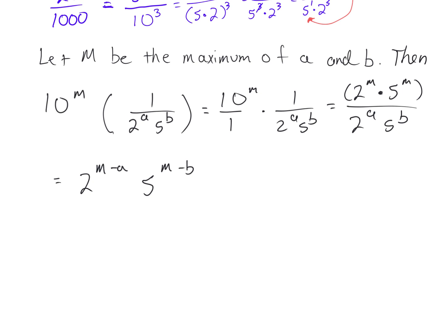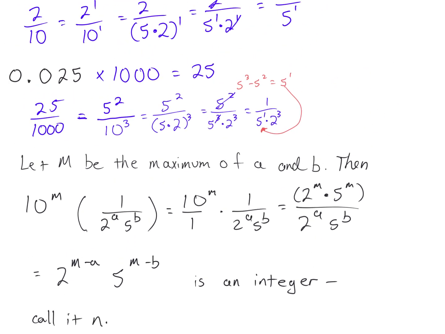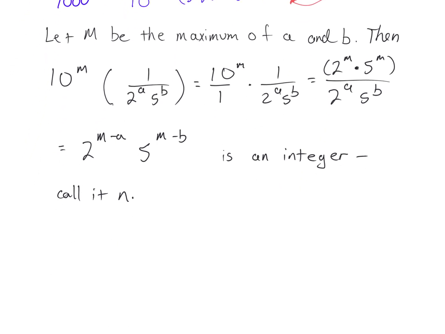And we'll call this an integer, per our example. We'll call it n. So we know for sure in our examples up here, n is less than 10 to the m.